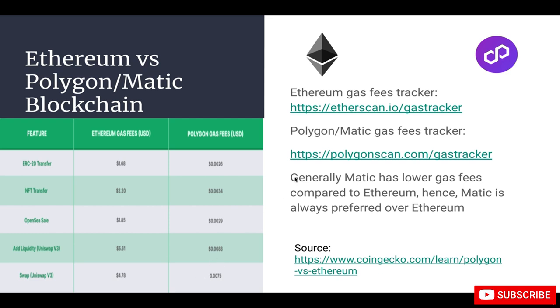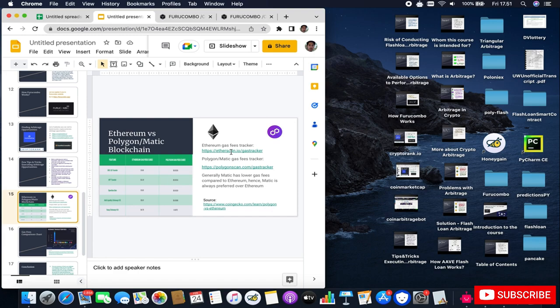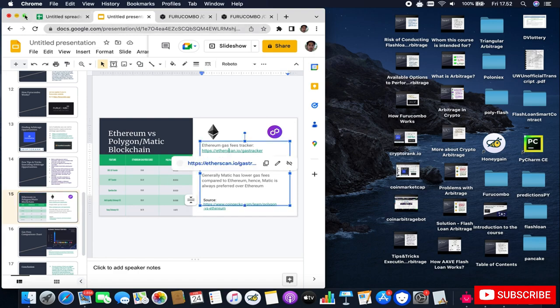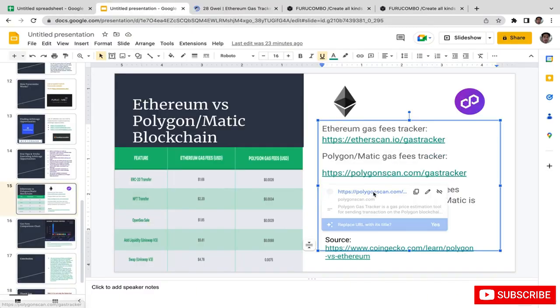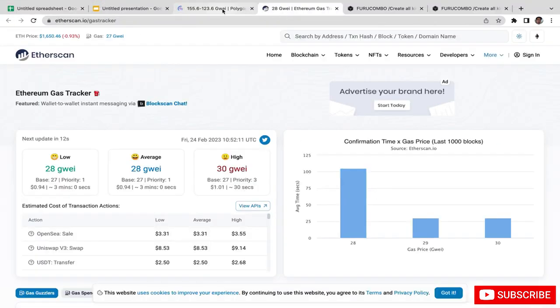And in order to track daily gas fees for each blockchain, just click on these websites. Let me show you. Just click on it, and it will bring you automatically to the website where you can track today's gas fees.